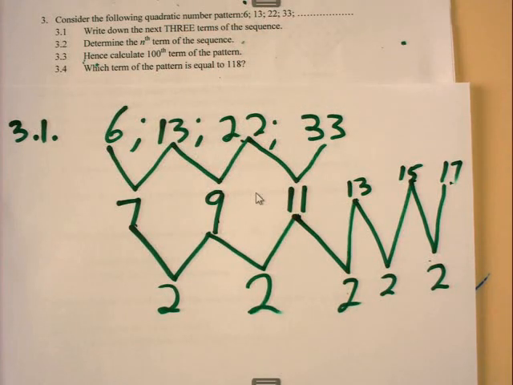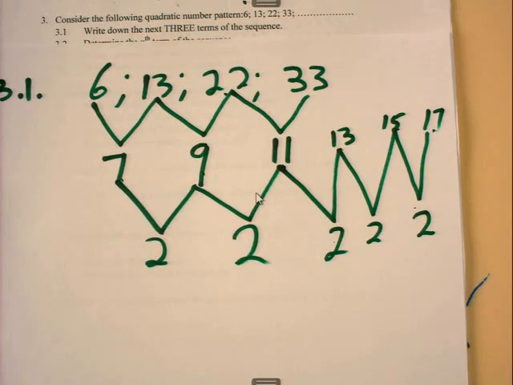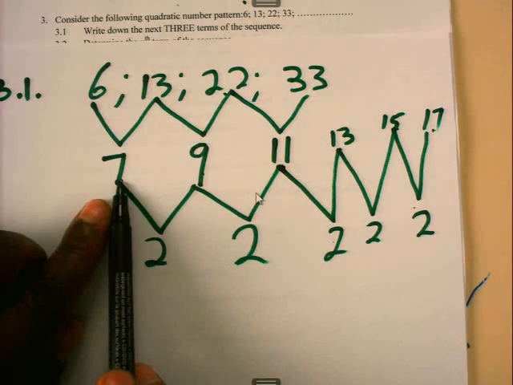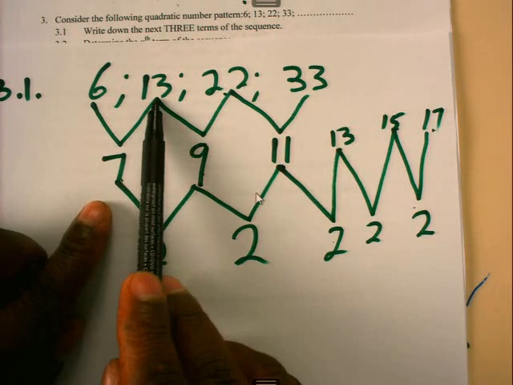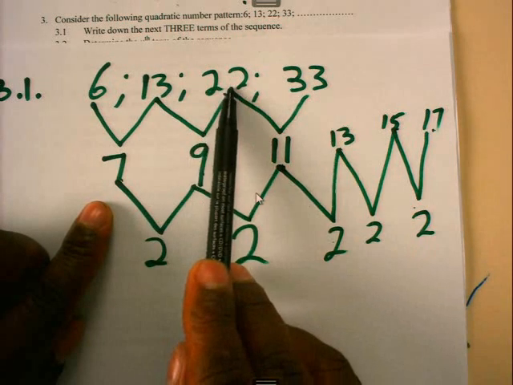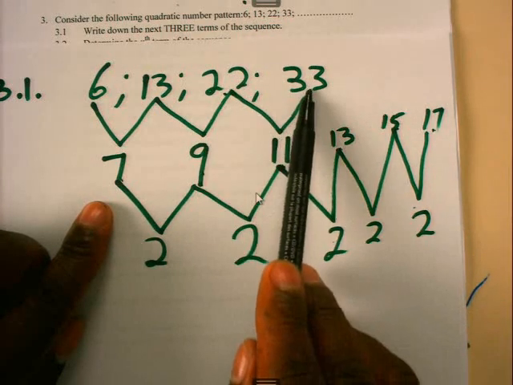The question states, write down the next 3 terms of the sequence. Check. 6 plus 7 gives us 13. 13 plus 9 gives us 22. 22 plus 11 gives us 33.